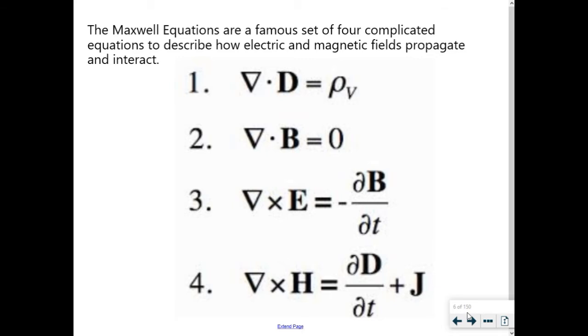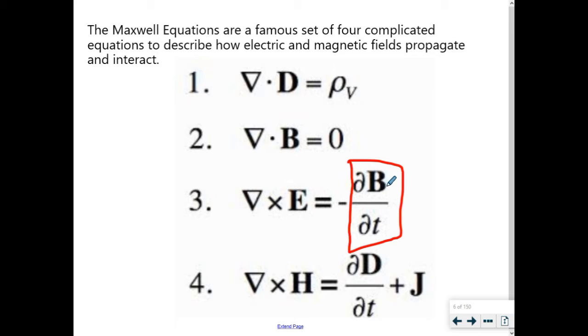Okay, these were actually Maxwell's four equations. And you don't need to know them. They're not on any formula sheet. However, I would like to point something out for any of you who are in calculus. What is this notation? That's a derivative, yeah. This is the derivative of a magnetic field with respect to time.